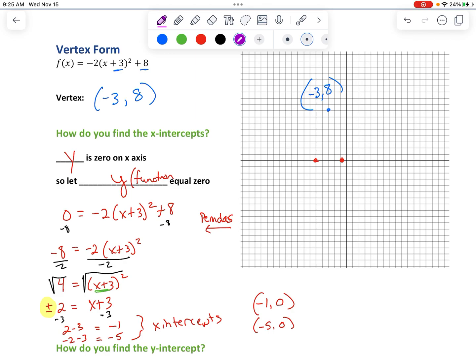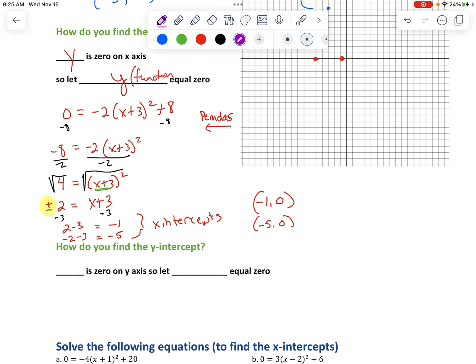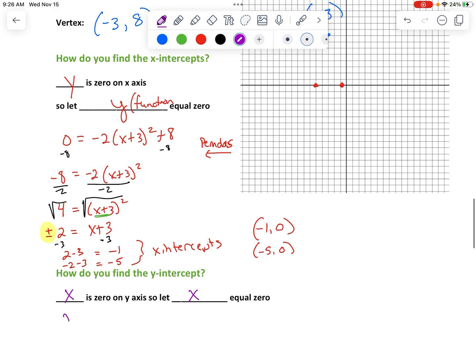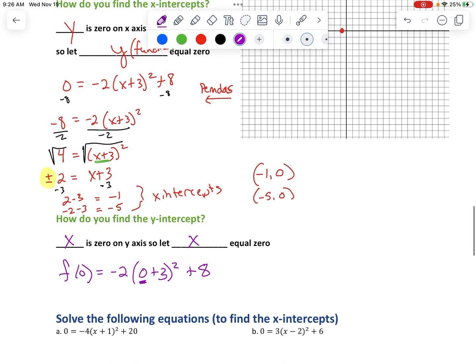All right, so we're going to find one last point here. We're going to find the y-intercept, and it looks like it's going to be a negative value. My y-intercept for this, x is 0 on the y-axis, so let x equal 0. So in the function, we're going to put 0 in. So we're looking at f(0) equals -2(0 + 3)² + 8.